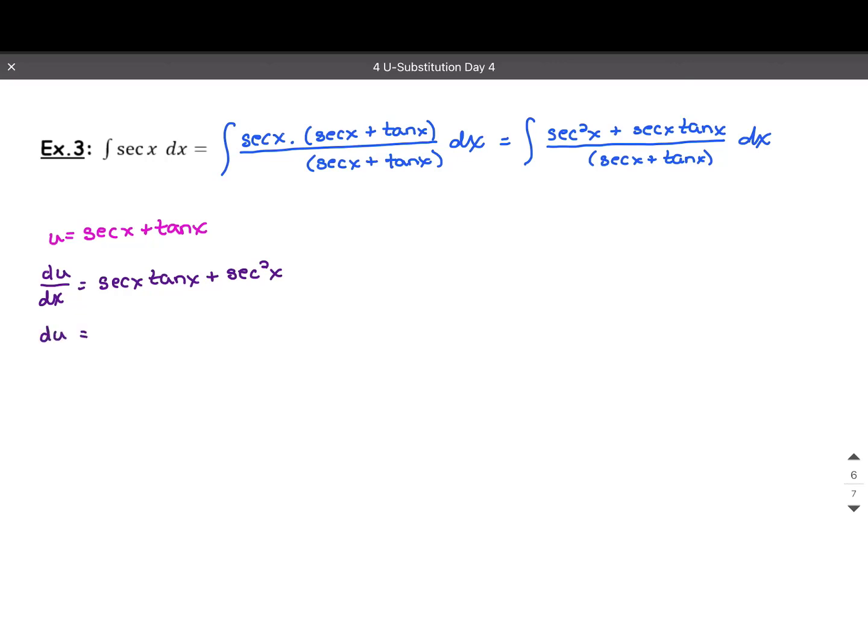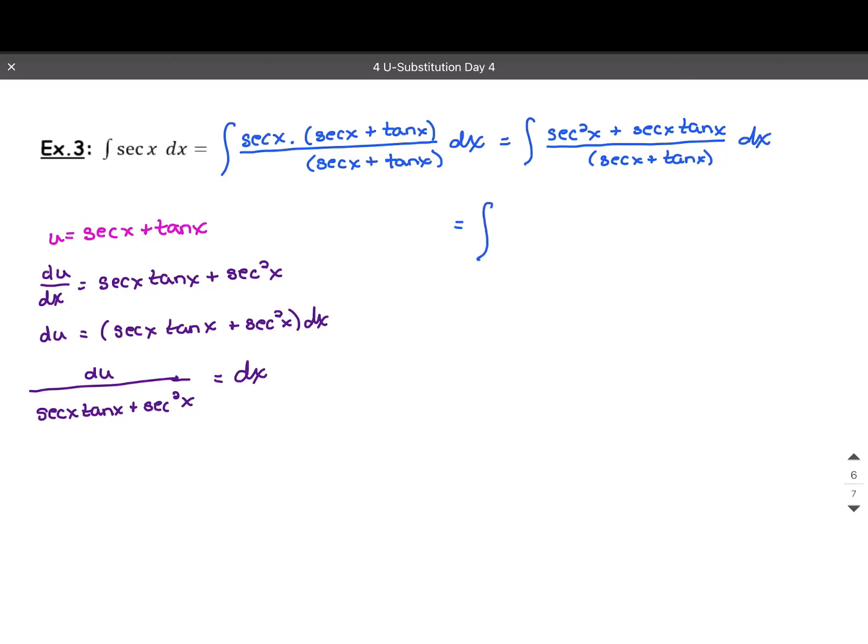Now we're going to solve for dx. So first we multiply, then we divide. So now we know dx. Now we're going to do the substitution.